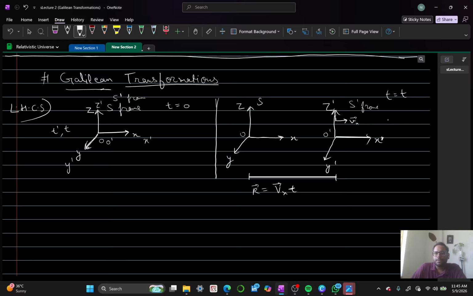Now suppose there is some event happening here. In the S frame I will write it by these coordinates, and in the S prime frame I will write it by prime coordinates.